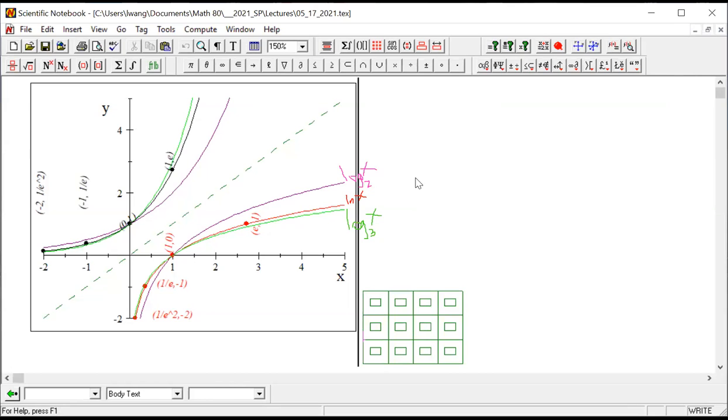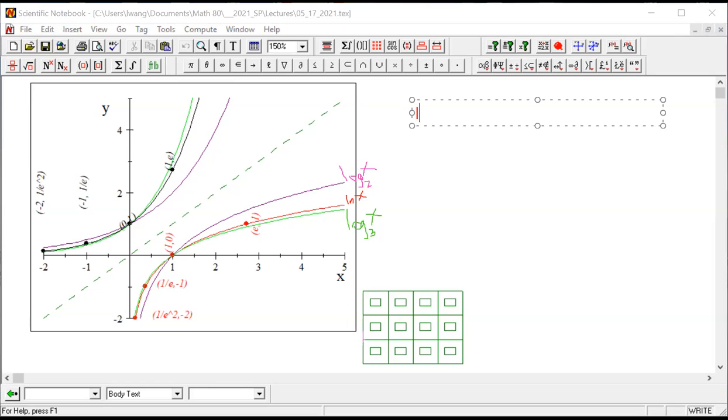Anybody want to take on that question? If I want to draw common log x, where do you think it's going to be?